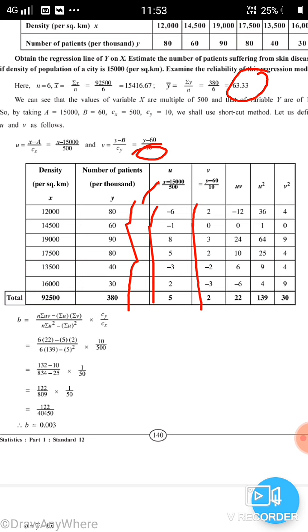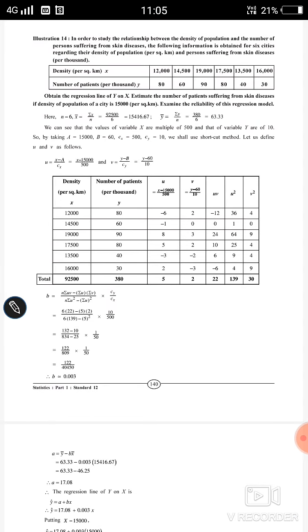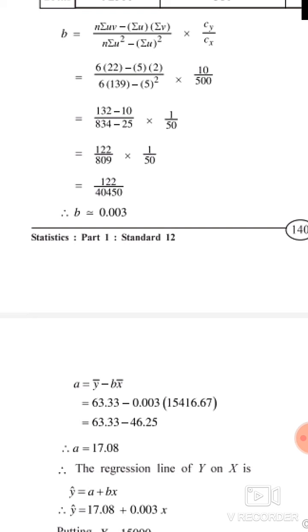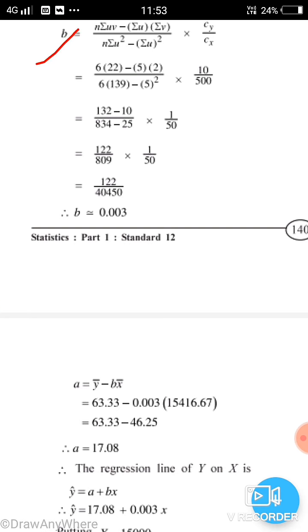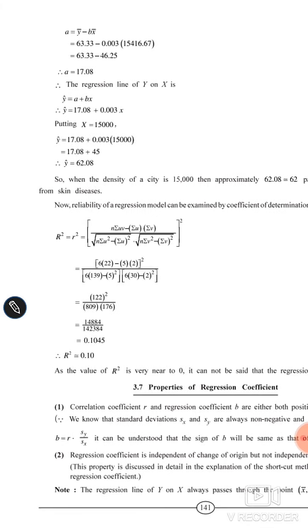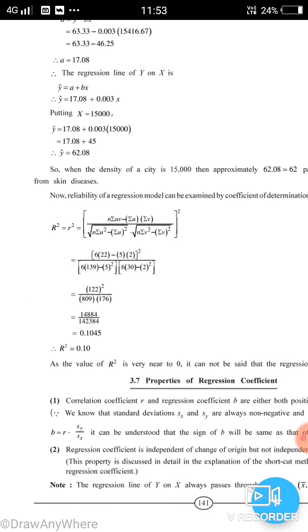Then applying the UV method, they have found b, they have found a, and they have found y cap, then y cap is equal to a plus bx. This we have already done, there is no new point in this. The new point is this only, right? So now y cap has come.